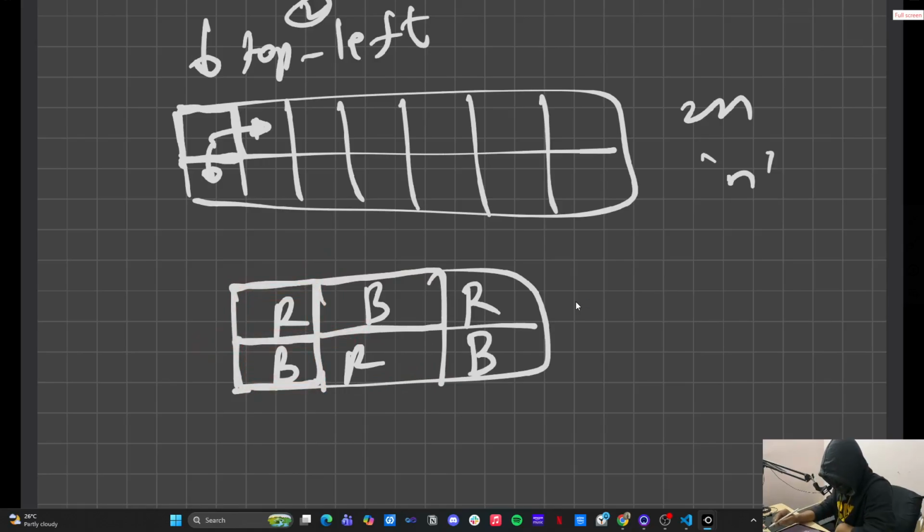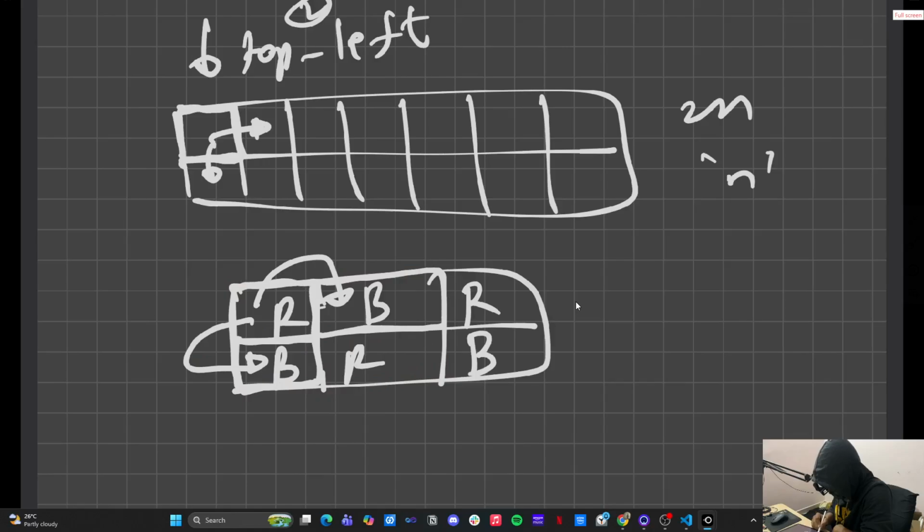So I have two possibilities. Greedily, I will check if this and this color are the same. It is not the same. I'll check this one again; if this and this are the same, it is not the same. So if they are not the same, I will try to make these two a pair.